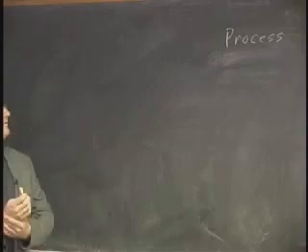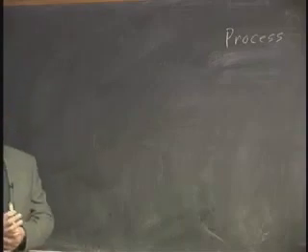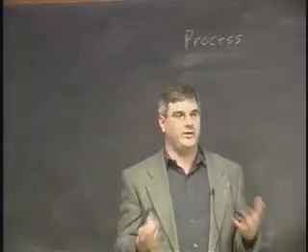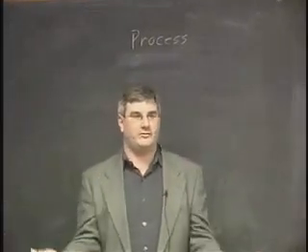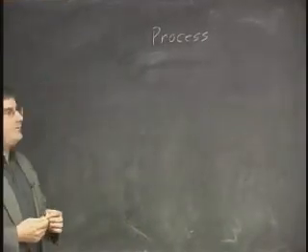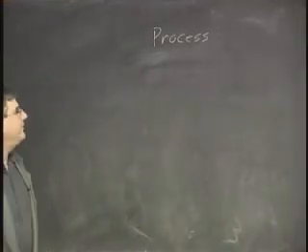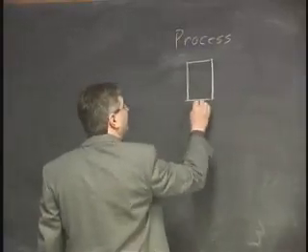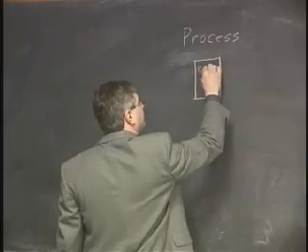A good way to get a little more precise about it is to think about what is the state of a process. What information completely characterizes what's going on in your program at any given moment? And there's a lot of it. Well, not that much, but one thing you need is the actual code.